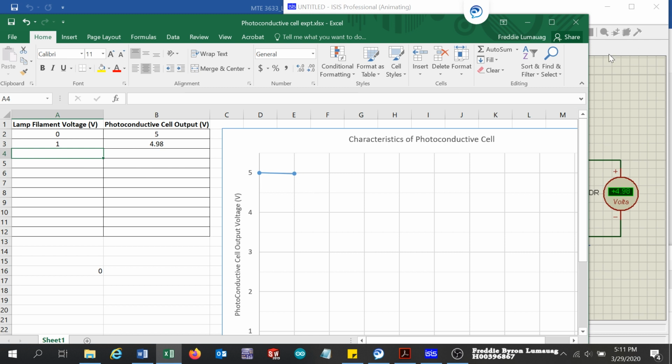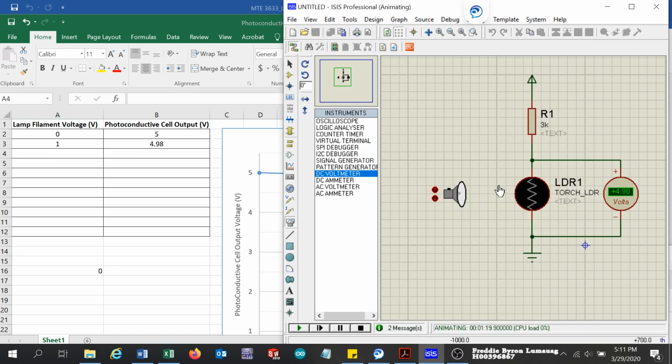Okay, so it is automatically plotting our coordinates there, or our pair. It's automatically plotting on the Excel sheet. So first one, and then the voltage is 4.98. So this is the second one, 2, which is 4.93.